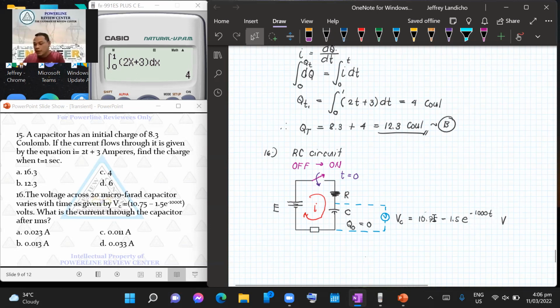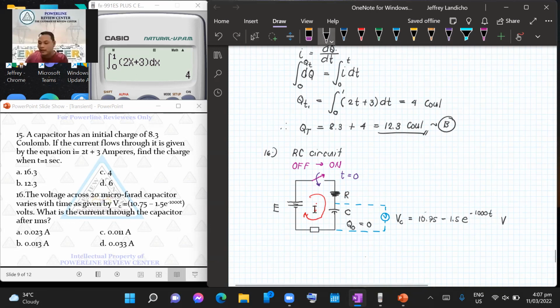However, binanggit ng problem, ito na yung naging equation ng ating voltage across the capacitor. So possible, meron tayong unknown parameter here, or the other option, yung resistance is negligible, then meron tayong dependent voltage source. No? That is also possible. So dito, sabihin na lang natin, we have another parameter that affects the voltage across the capacitor. So ano hinahanap? What is now the current in the capacitor?